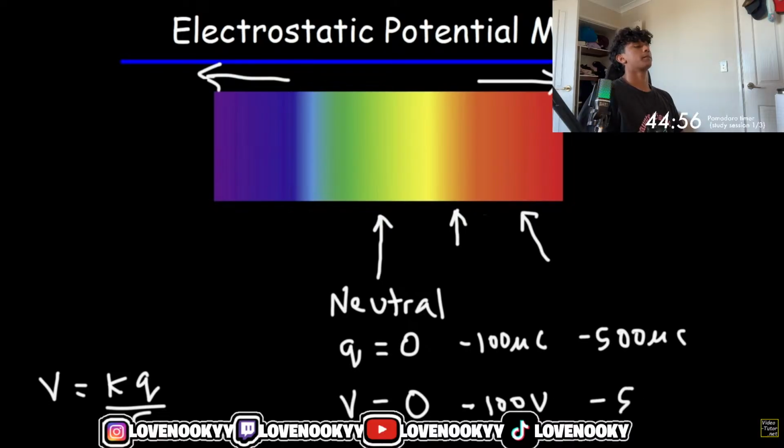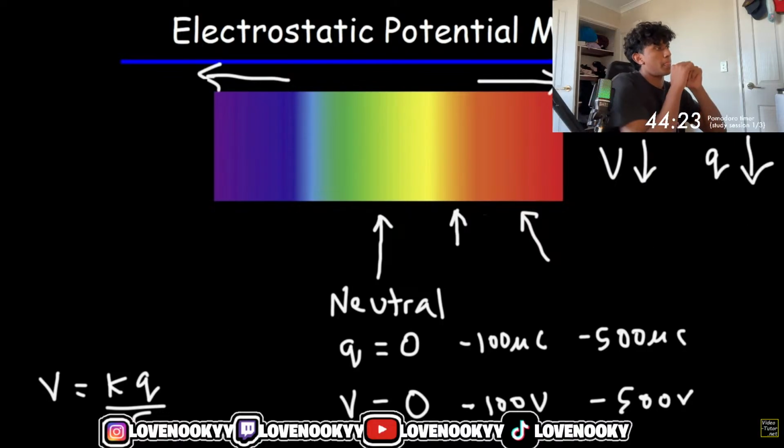And over here, it might be negative 500 volts. So as you move towards the right, the electric potential is becoming more negative. So you could say the absolute value of V is increasing, but V is really decreasing if you look at negative values as being lower than positive values. But the absolute value of Q is increasing, but the real value of Q is becoming more negative. So I just want to clarify that point. So the arrow that's going down just means that they're becoming more negative.